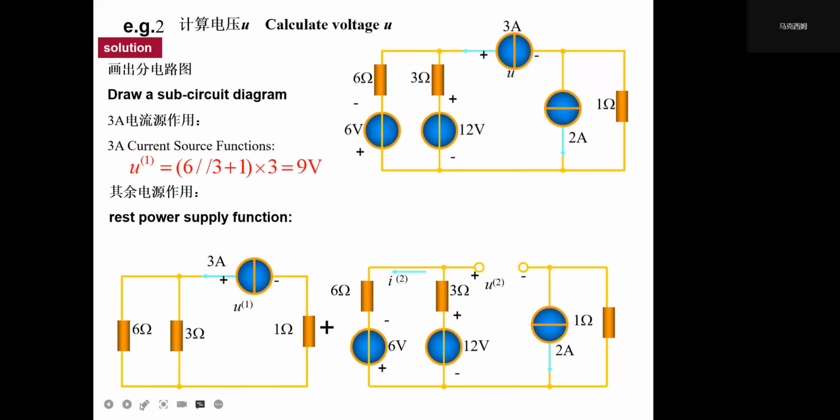So we divide this original circuit into two sub-circuits. The first one contains the 3 ampere current source, and the other one contains all three sources left behind.